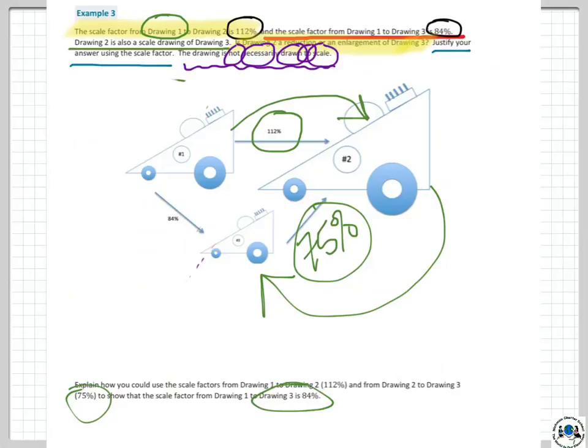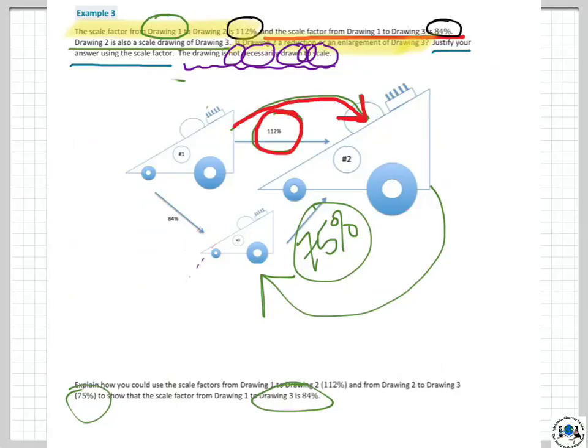Well, not so easy. I'm not sure what you guys came up with, how you did it. There are some ways to finagle numbers, but we're not looking at division this time. Because what we look at right here is that if we know going from 1 to 2 is a 112% enlargement, we're going to use that 112%.